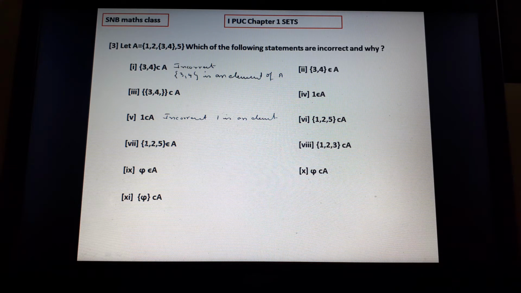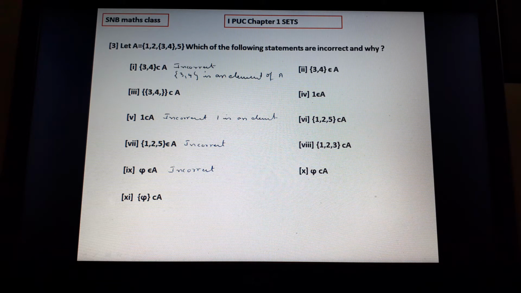Then same thing, 1 to 5 is a subset of A, but here it is an element of A. This is incorrect. So the same reason, you can write this is a subset of A, it is not an element of A. Pi belongs to A is wrong. Pi is not an element of A, it is a subset. Therefore this is incorrect.